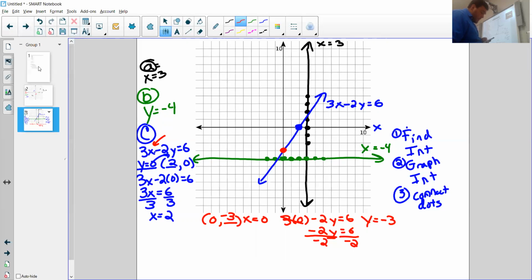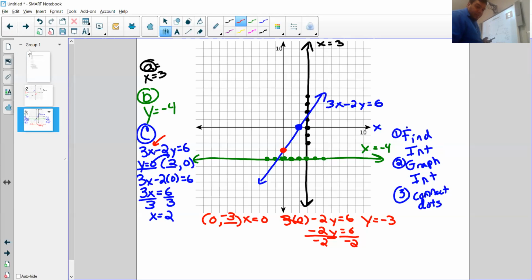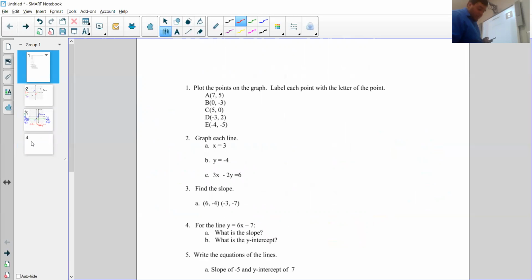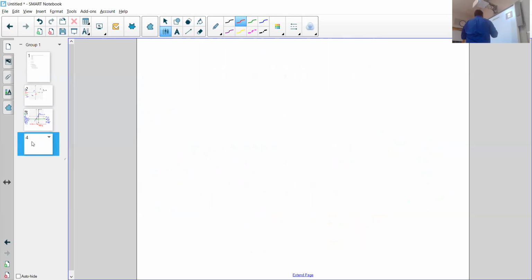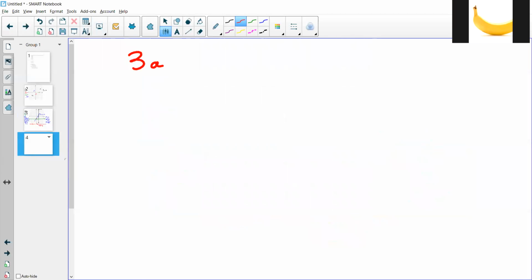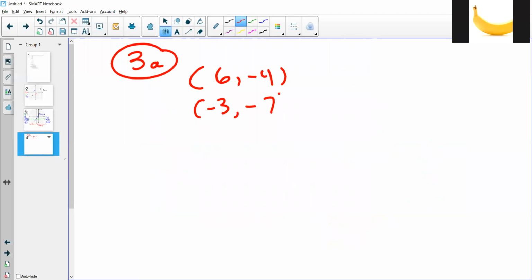That's fine. All right, we're gonna go to number 3. Number 3 is find the slope. You don't need a graph for this one. You could graph it, by the way, but you don't necessarily need it, so I'm gonna do it without it. Find the slope of 6, -4 and -3, -7.